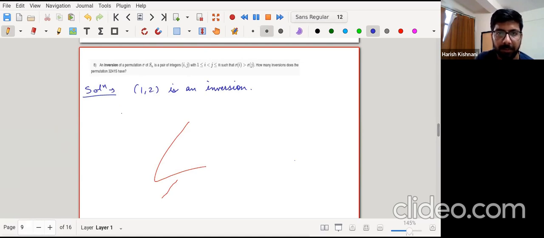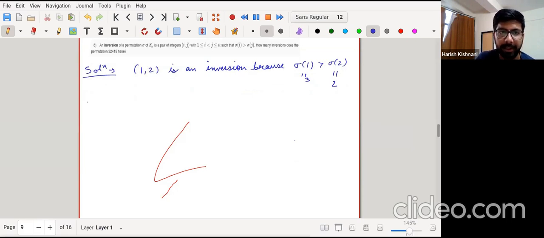Why? Because sigma of 1 is 3, which is greater than sigma of 2, which is 2, right?